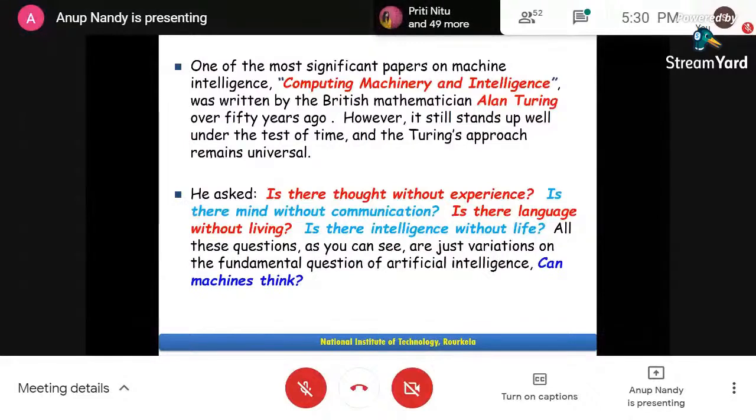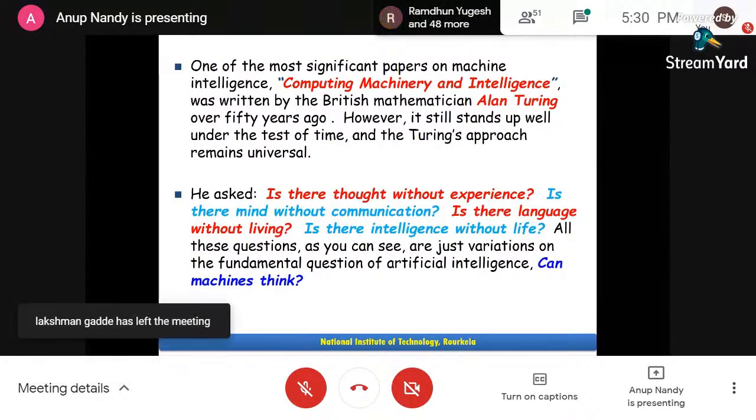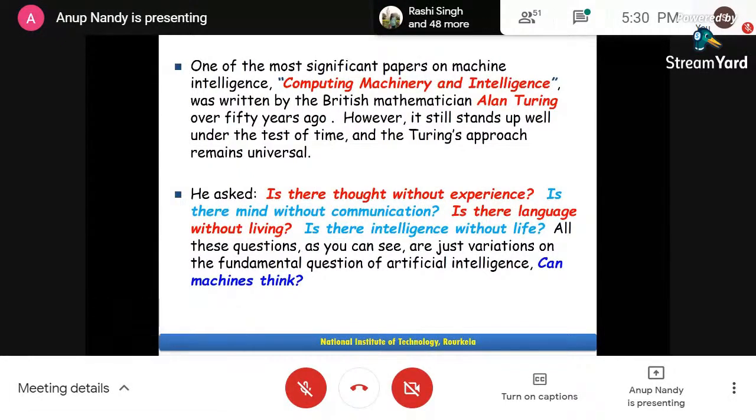That is a very wonderful and very popular test, called the Turing imitation game. It is a method of inquiry of AI for determining whether or not a computer or machine is capable of thinking like a human being.